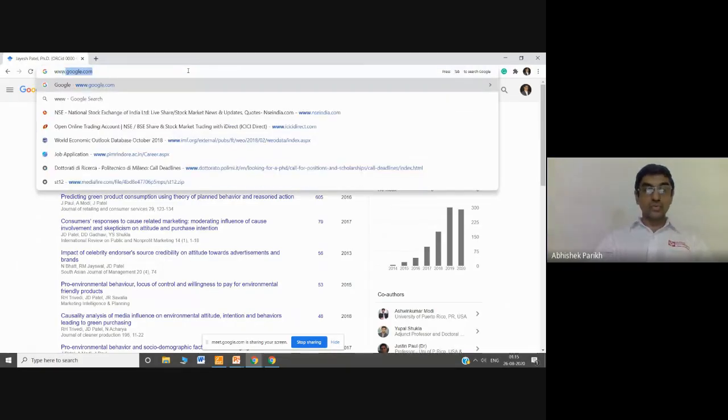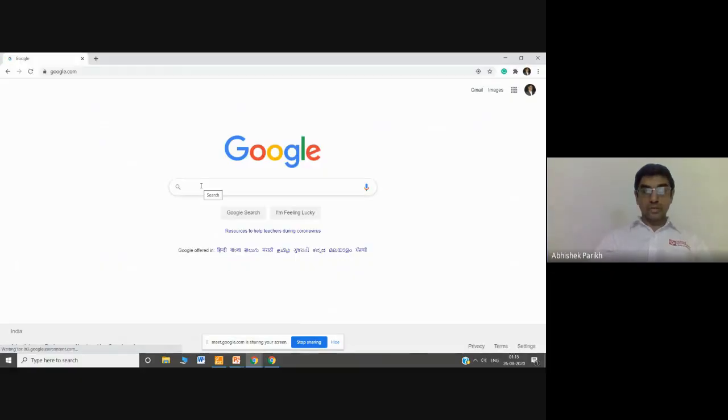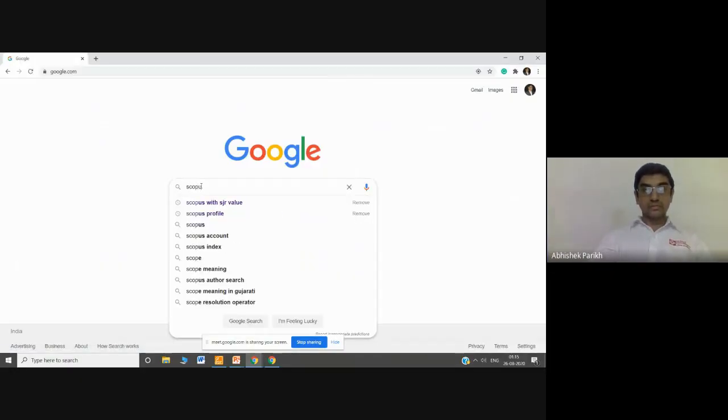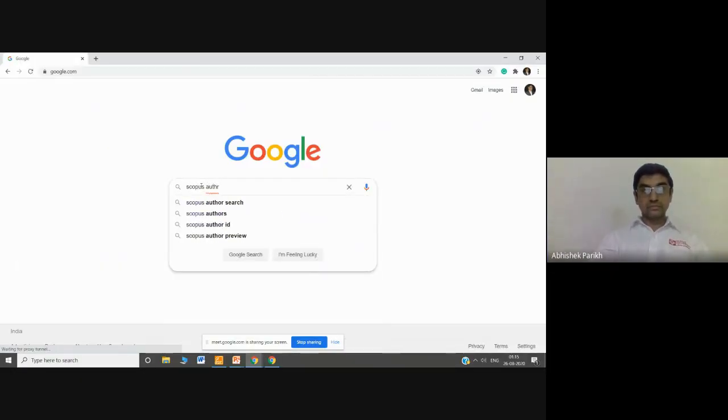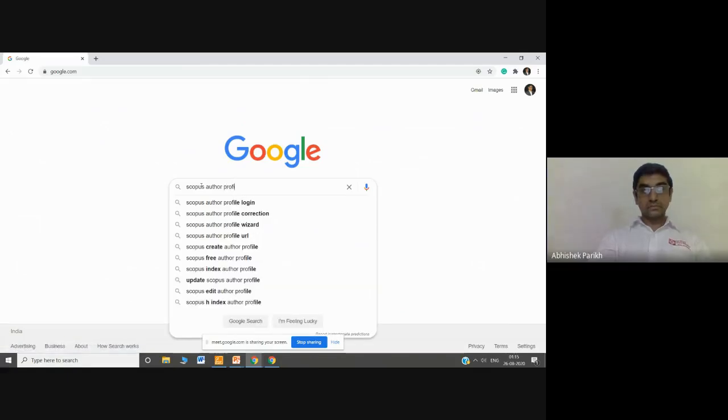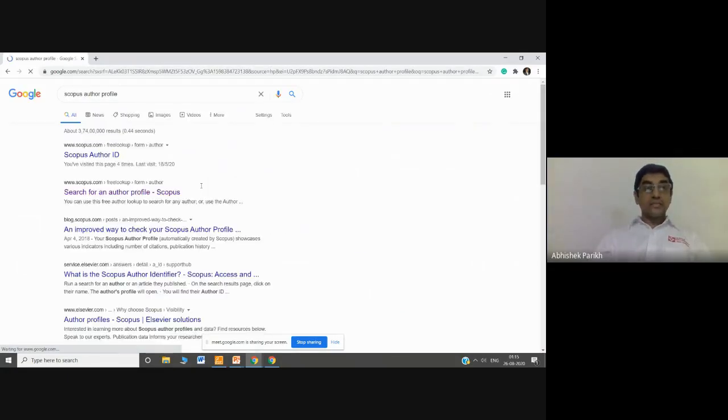So let me show you the search profile. Even if you don't have a Scopus profile, you need to create one.